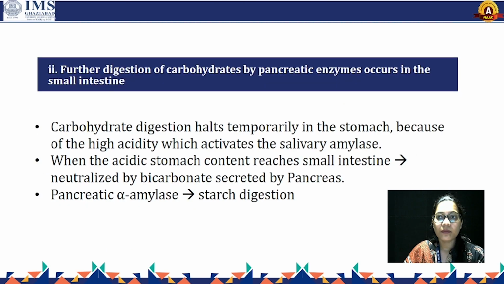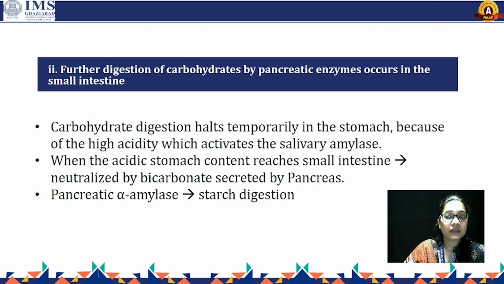Now the next part is further digestion of carbohydrate by pancreatic enzymes in the small intestine. We have learned about the mouth. The food travels from the buccal cavity to the esophagus, then to the stomach, and after the stomach it travels towards the small intestine.